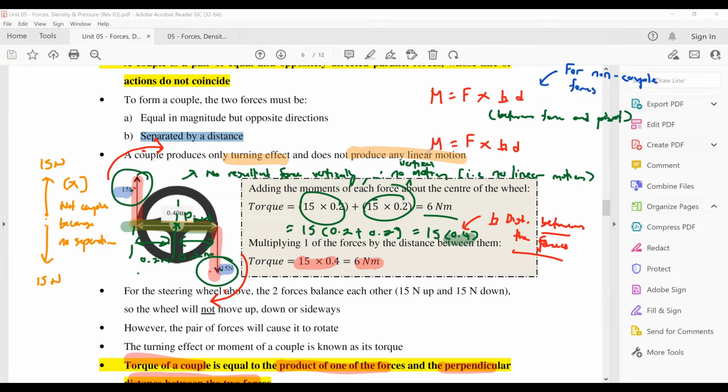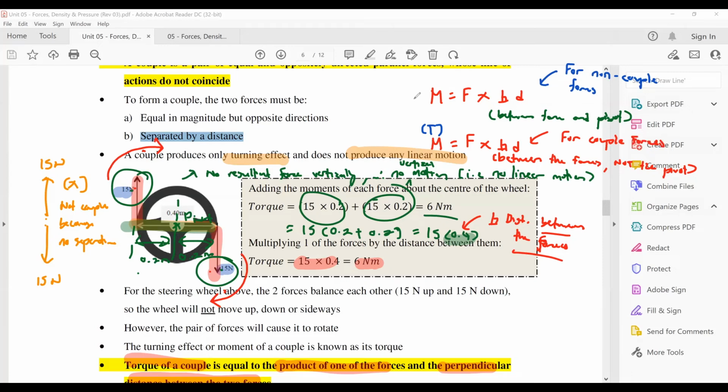The one that you see here, moment or torque equals force times perpendicular distance. This perpendicular distance is actually between the forces, not the pivot. This one is for couple forces.